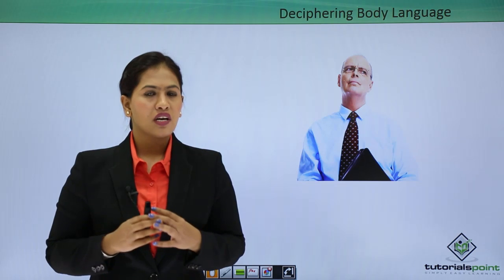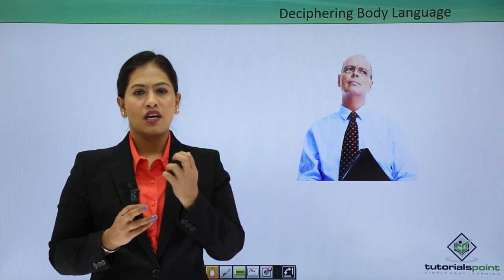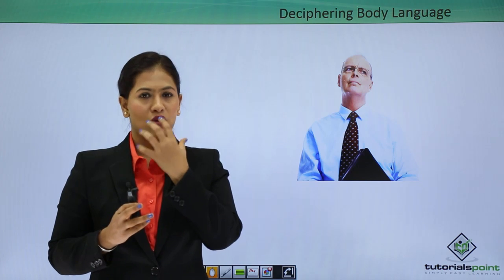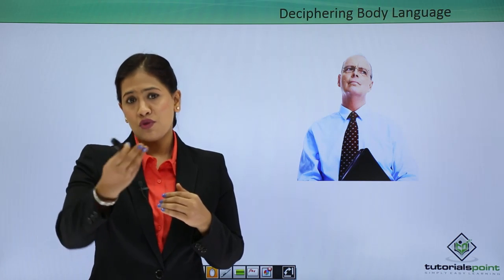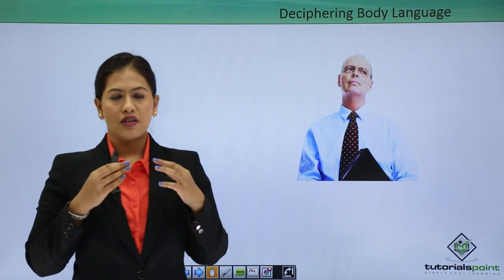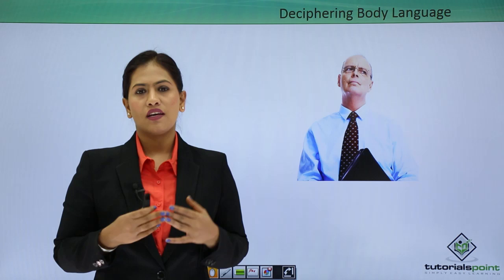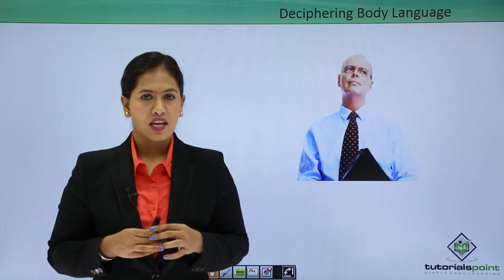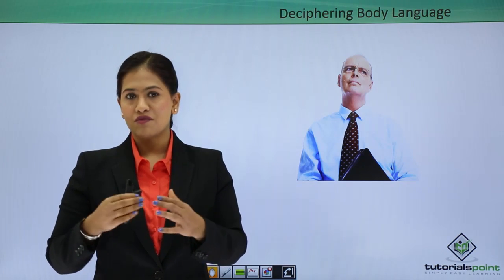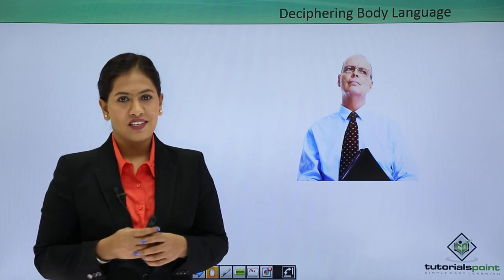So if you're really struggling with eye contact, start looking in between the eyebrows, or near the nose or near the mouth, and eventually move towards looking into the eye of a person, because that conveys you're more secure, you are true in every means on what you're talking, and you mean what you say. So that is what the emphasis of eye contact lays in the study of body language.